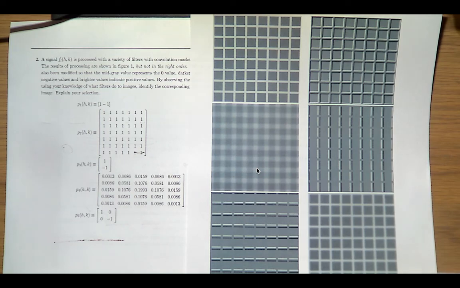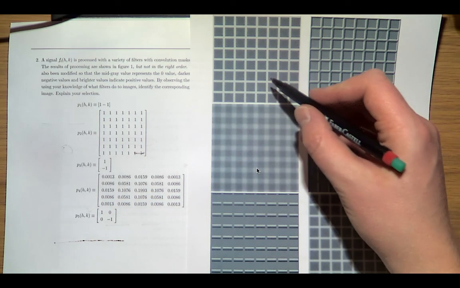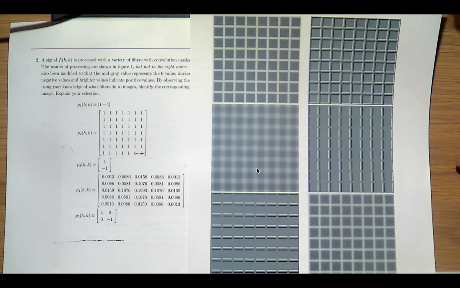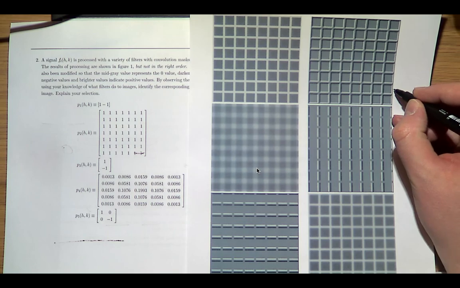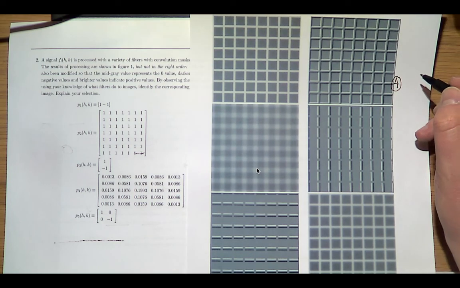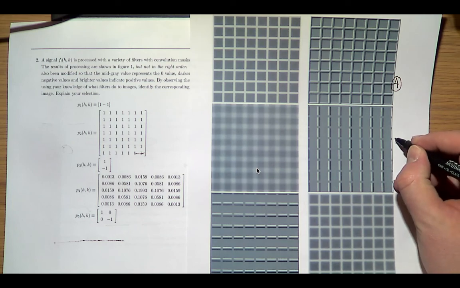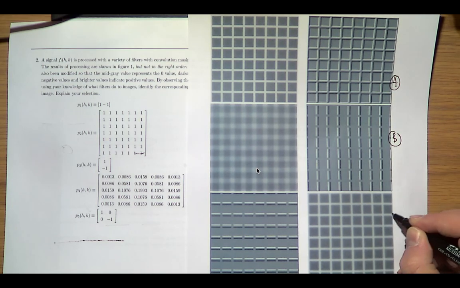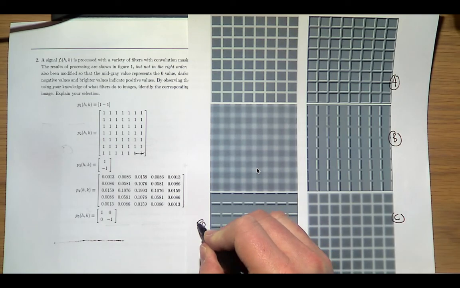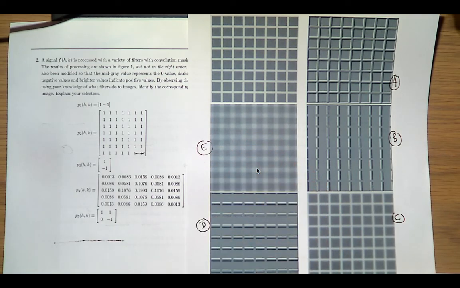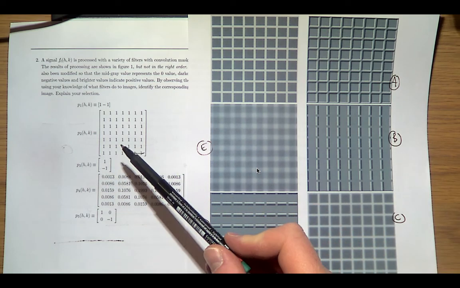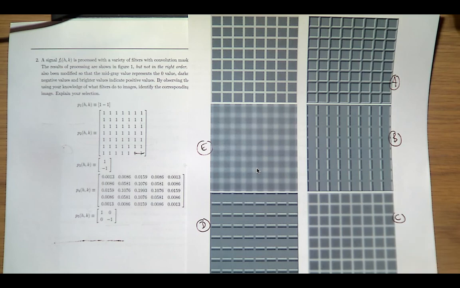So what you have here is the original image, and then you have, let's call it output A, clockwise from top right, that would be B, C, D, and E. And what we need to do is to associate each of these definitions with the one we're looking at. Okay?